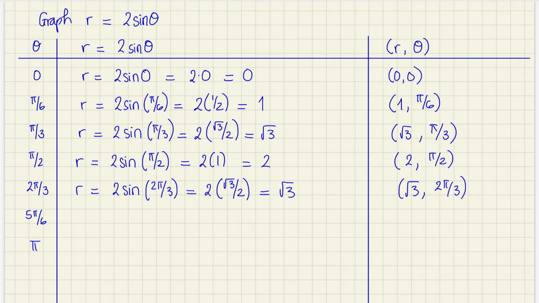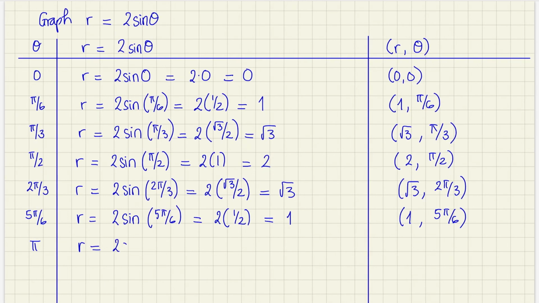And when I substitute theta with 5 pi over 6, 2 times sine of 5 pi over 6. Sine of 5 pi over 6 is 1/2. 2 times 1/2 is 1. So I have 1 comma 5 pi over 6. And then I substitute theta with pi.